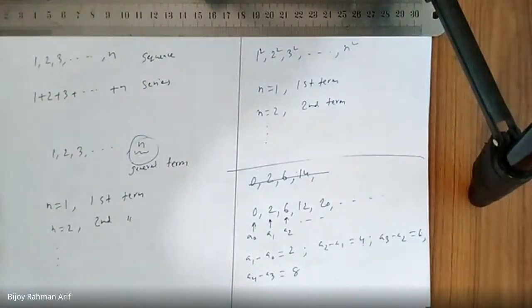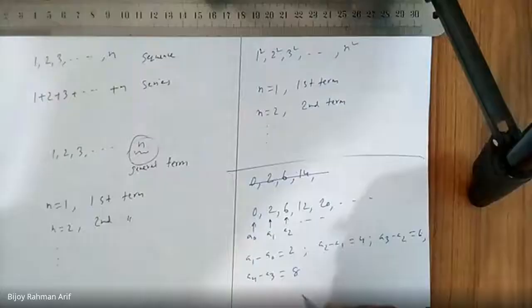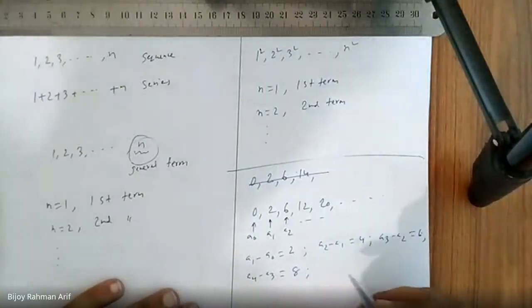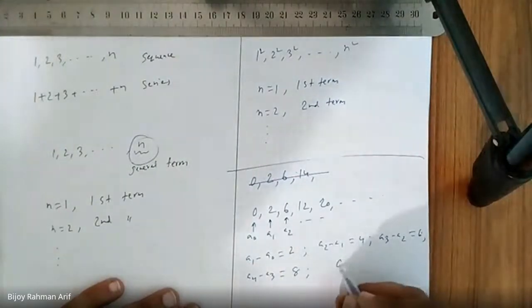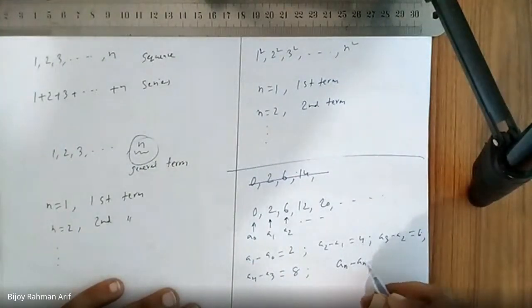Am I right? Yes, sir. So if you continue this way, then what will be the value of this? So it starts with 2 and then a n minus a n minus 1. What will be the value?